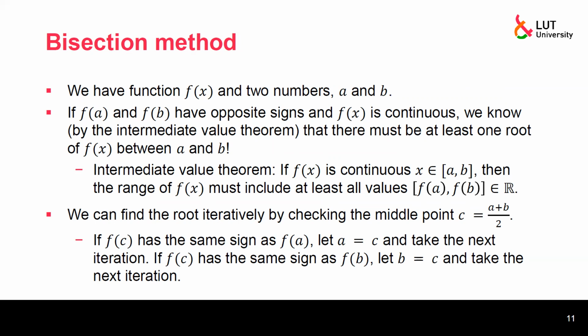And then we can find the root iteratively by checking the midpoint, checking which sign it is, and then replacing the endpoint of the interval with that point. This allows us to halve the interval, and then halve and halve again until we know what interval the root must be in.